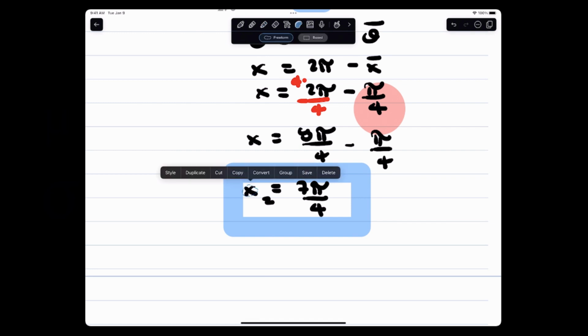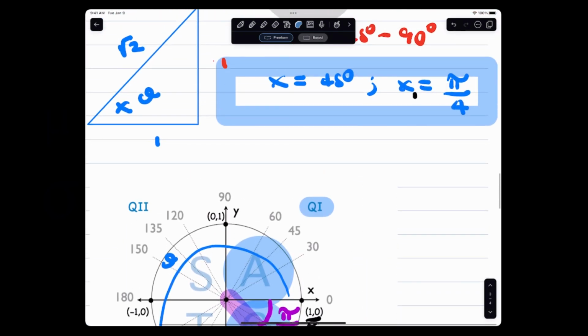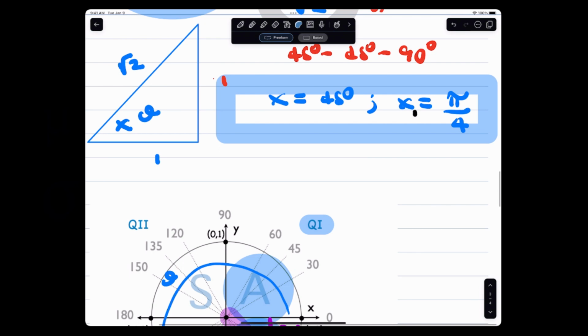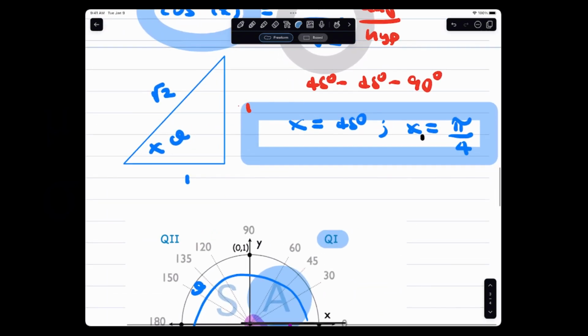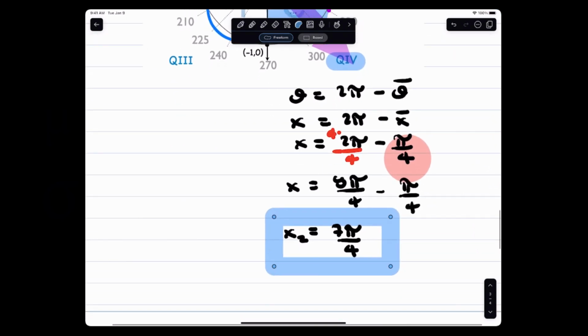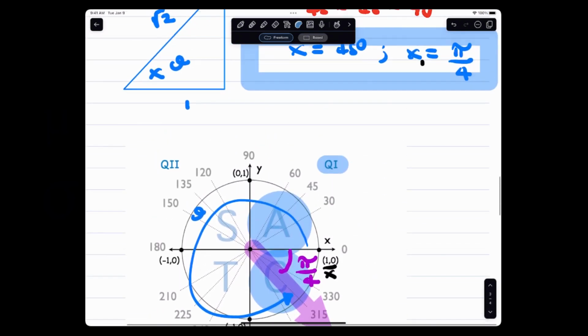The first solution is pi over 4. The second solution will be 7 pi over 4. And you might say, do I have to find all solutions? Yes. And there you go.